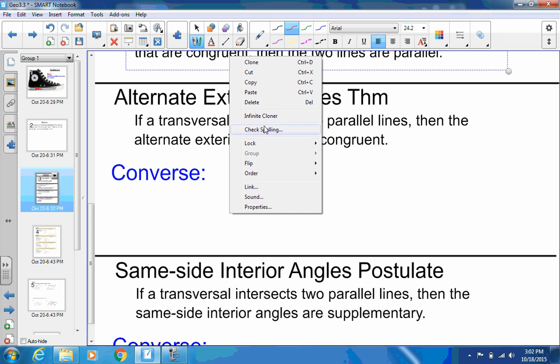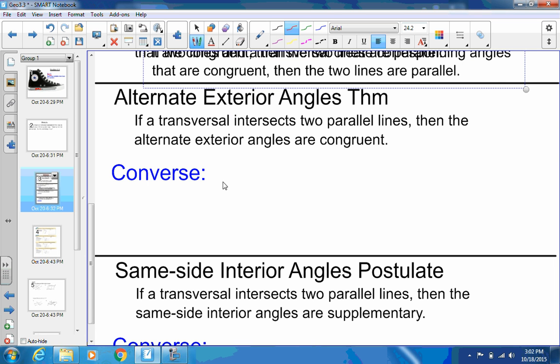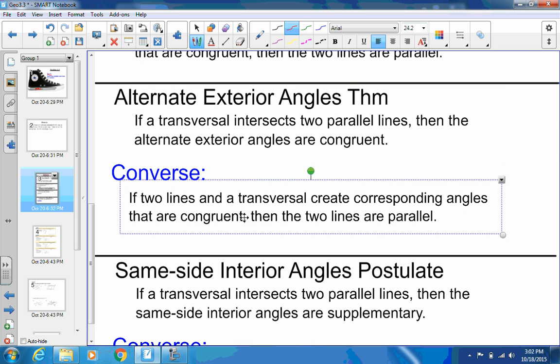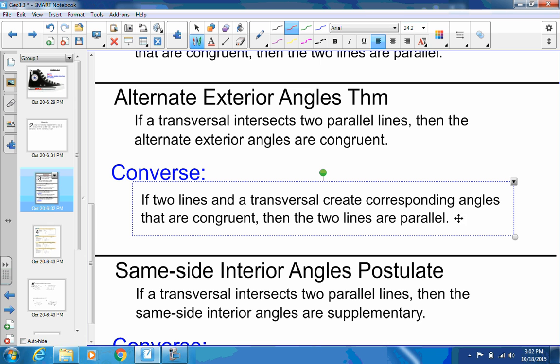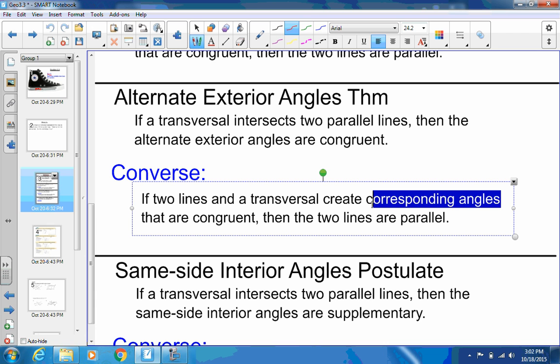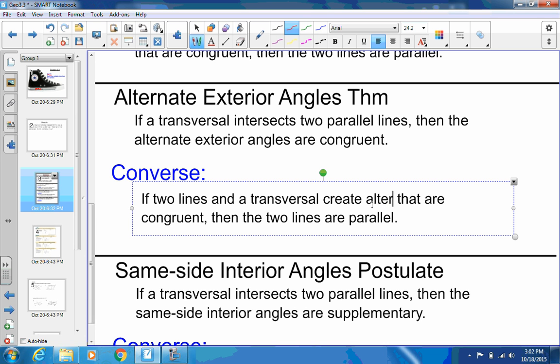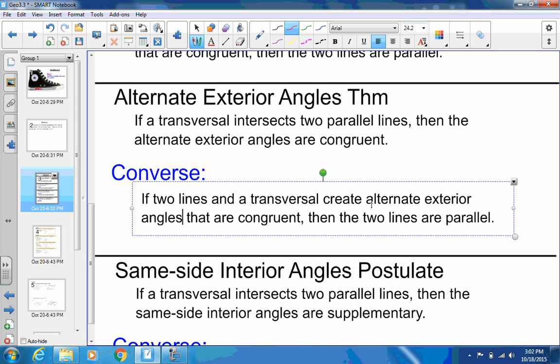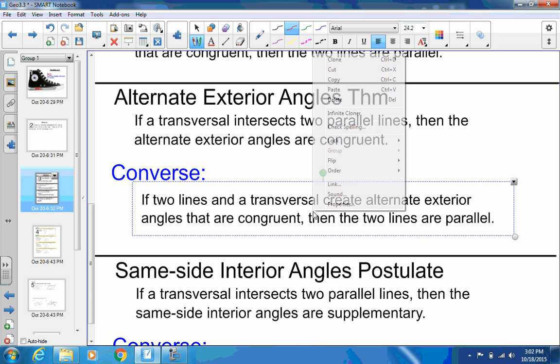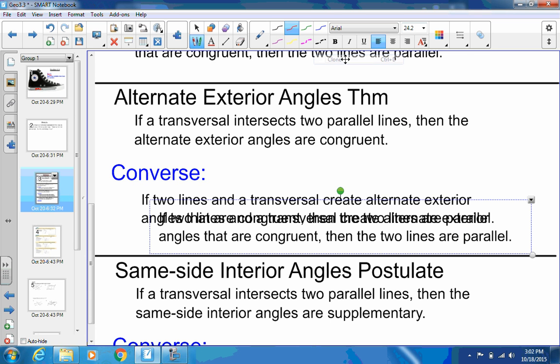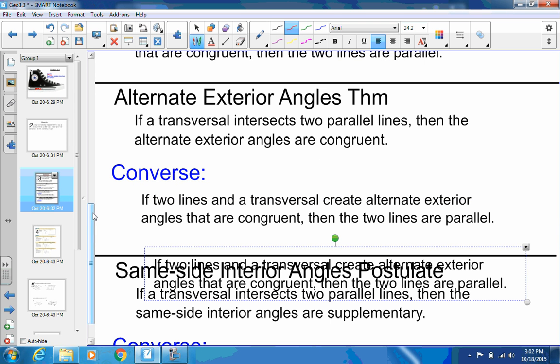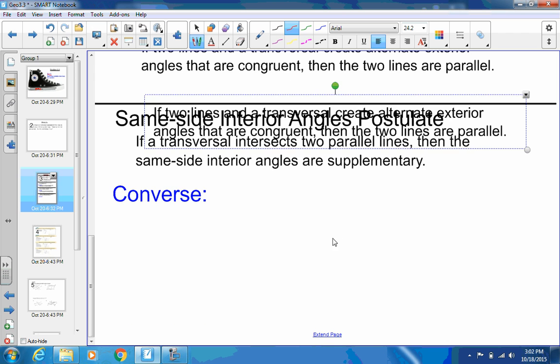If we do this backwards again, we can say that if two lines and a transversal create alternate exterior angles that are congruent, then the two lines are parallel. That's the third way to prove if lines are parallel or not.